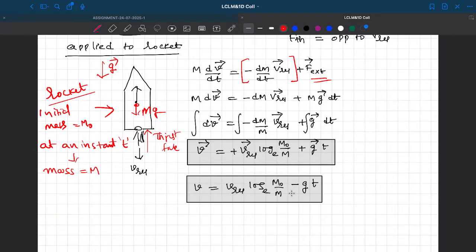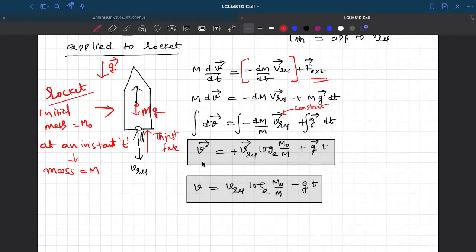Okay. Now, dv bar can be written as minus dm by m v relative bar. I'm assuming this is a constant. Right.